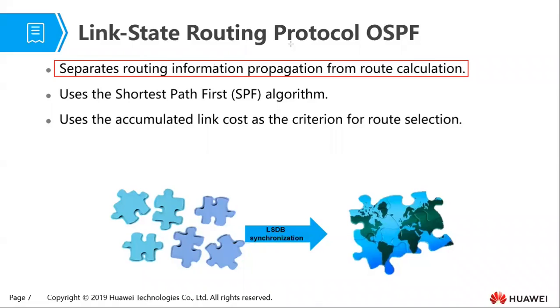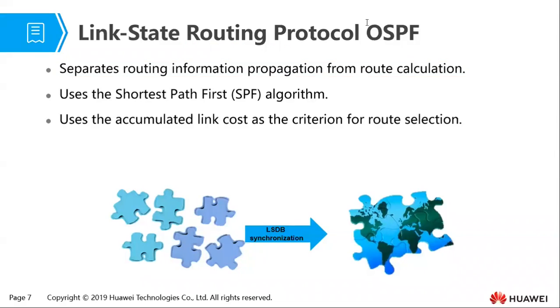Routing information propagation is achieved using link state information. You share the link state information with your neighbors, then each neighbor can do their own route calculation. So that's number one.